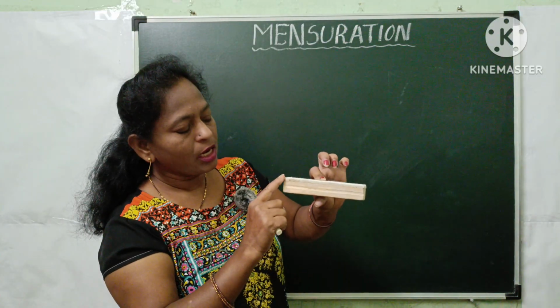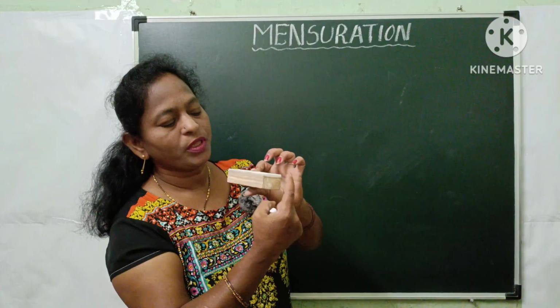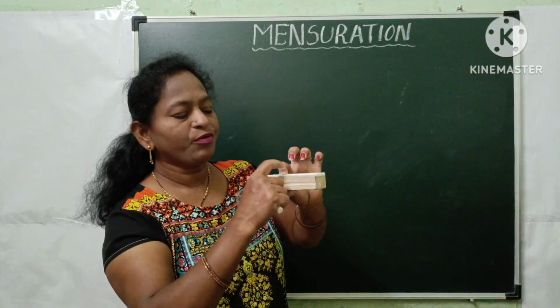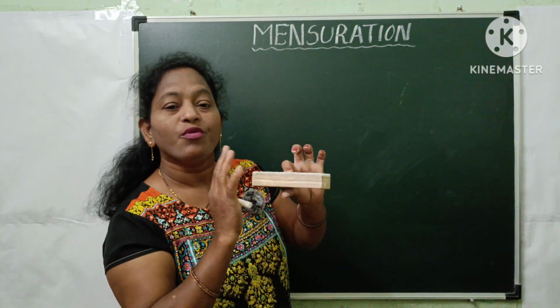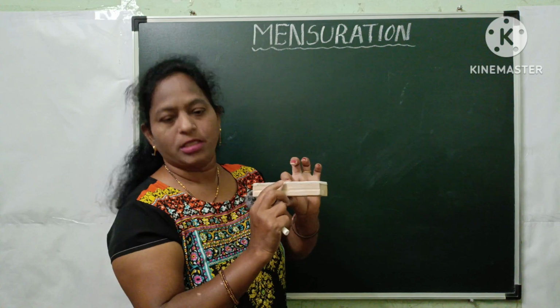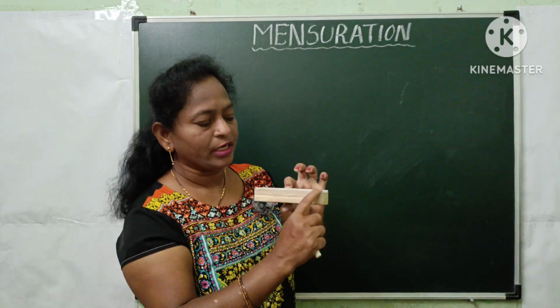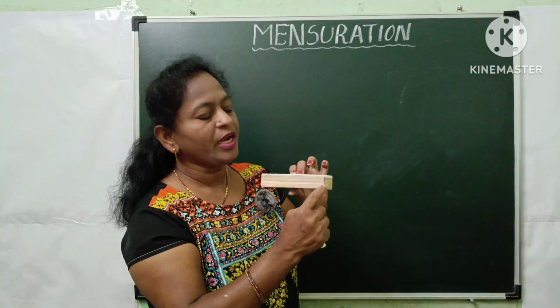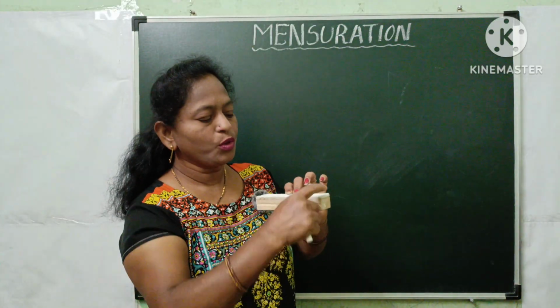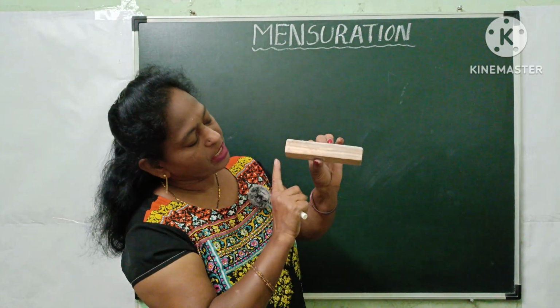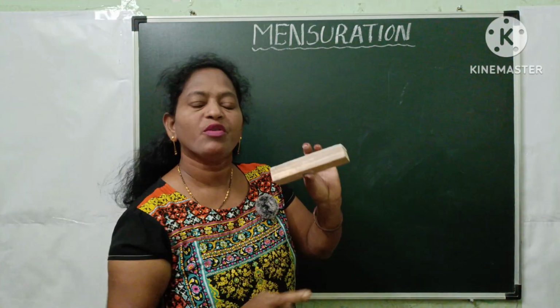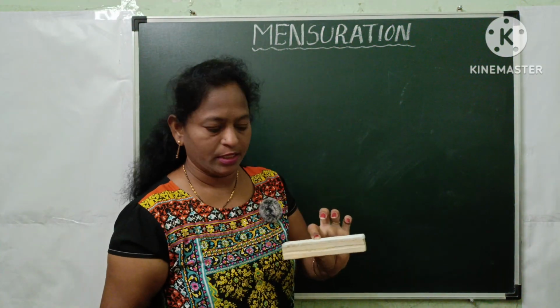And here 1, 2, 3, 4. Totally 4, 4 and 4: 12 edges. So a cuboid has 6 faces and 12 edges, and 8 vertices. 1, 2, 3, 4 and 5, 6, 7, 8. These are vertices. Okay, 8 vertices.